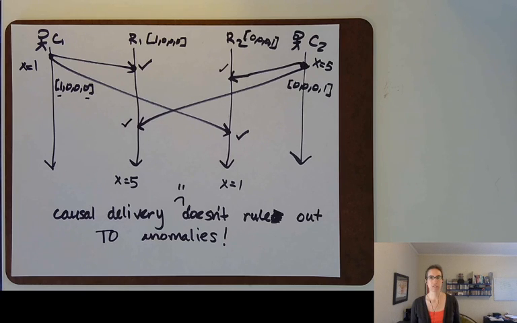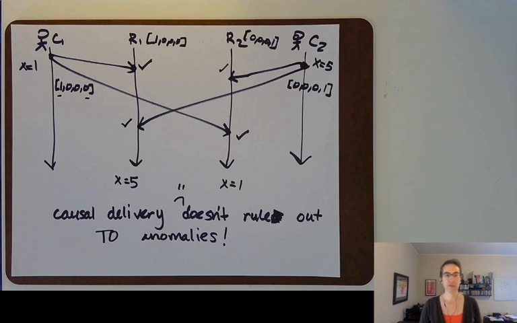So there are some things that are total order anomalies that ensuring causal delivery still wouldn't rule out, and there are things that are causal anomalies that ensuring total order doesn't rule out. So no, we can see that these messages here are not in violation of the causal delivery protocol that we wrote down.